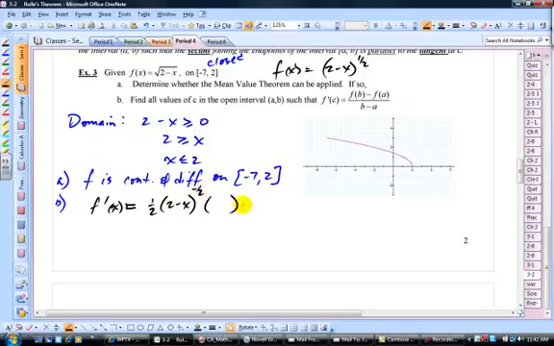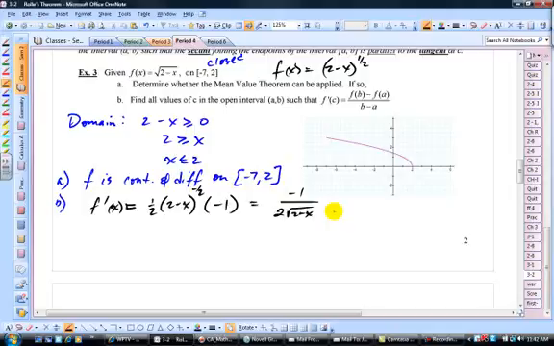Times the derivative of the inside, which is -1. Derivative of 2 is 0, derivative of negative x is -1. Let's rewrite: -1 divided by 2 times the square root of 2 minus x. There's f prime. That's step 1, you have to find the derivative.